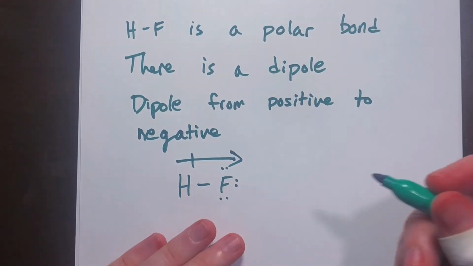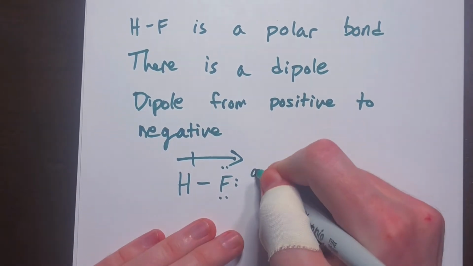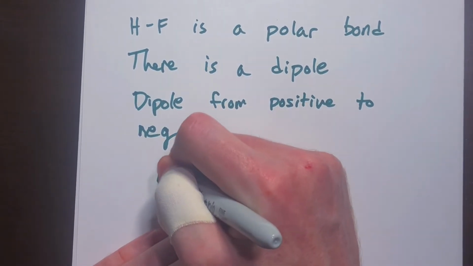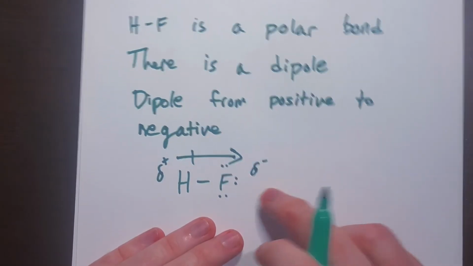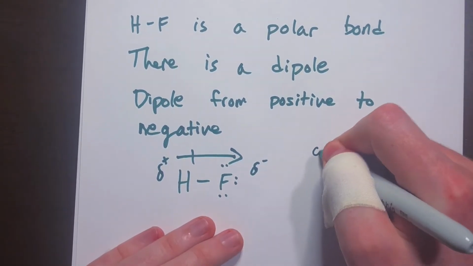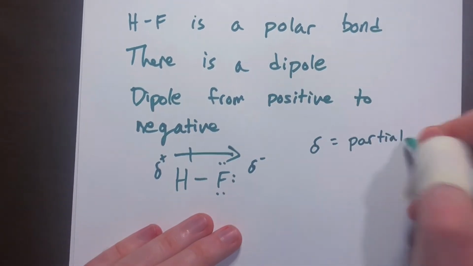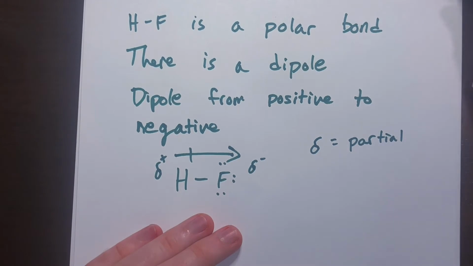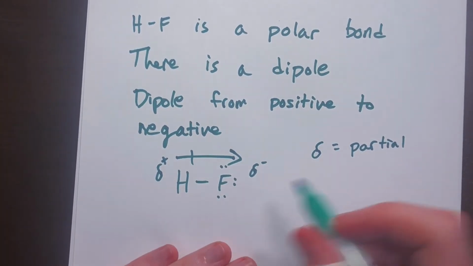So the other thing you can do with dipoles is draw these partial charges. So this is the Greek letter delta, lowercase delta. It just represents partial, so delta is partial. So from the difference in electronegativity in the presence of this dipole, we know that there is a difference in the sharing of the electrons.